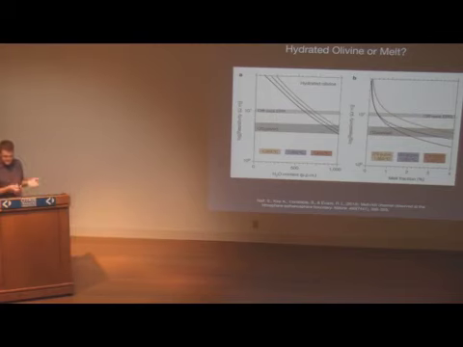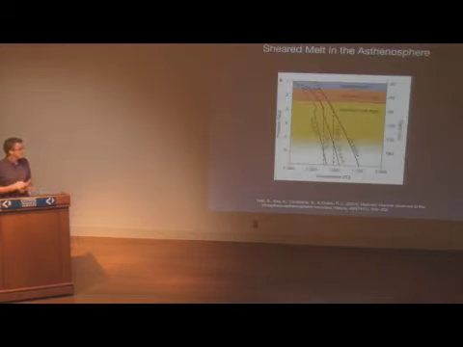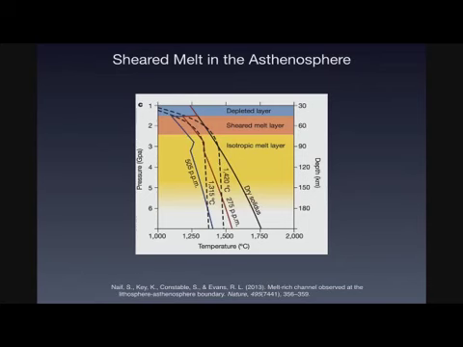Well, water, when it gets partitioned into the melt, also affects its conductivity, and that's something that we need to model. So these curves show that. Depending on whether you think it's a drier melt or a wetter melt, you get different melt fractions estimated from our model. But the basic conclusion was that this conductive layer was probably representative of a sheared melt layer right at the base of the lithosphere. And we showed that melt is also thermodynamically stable at this age of plate and at these depths.